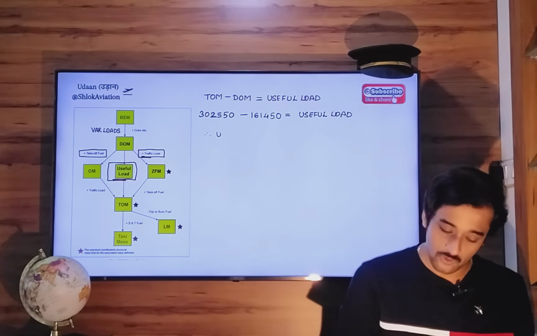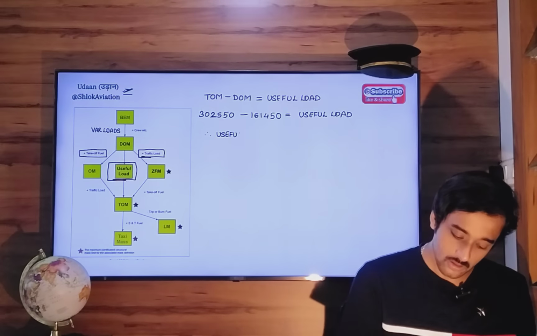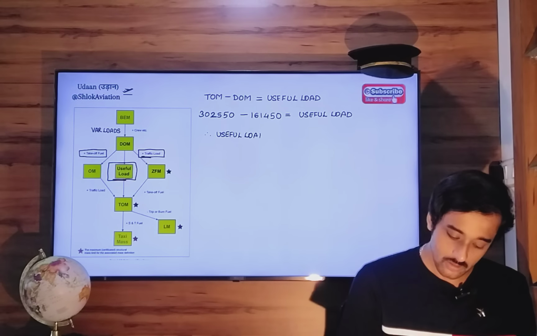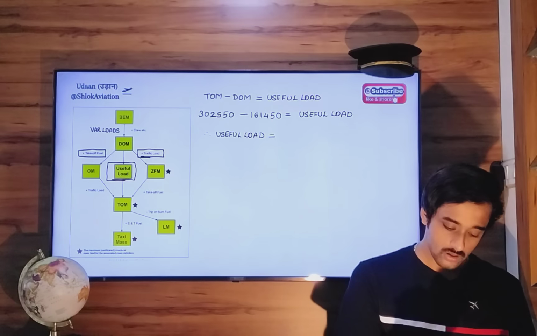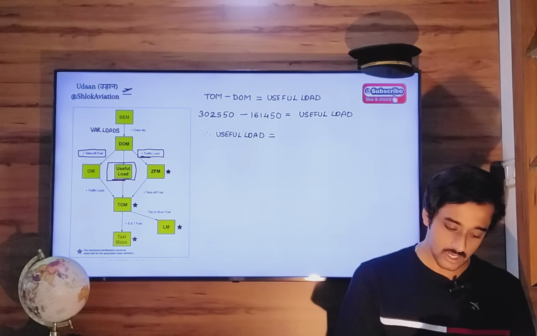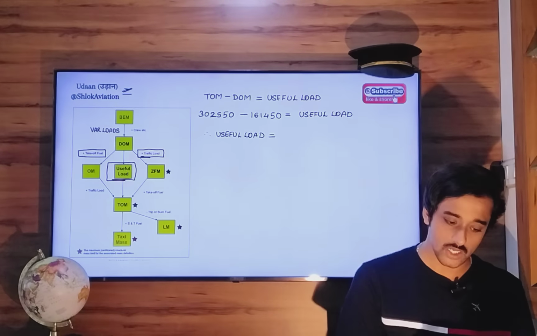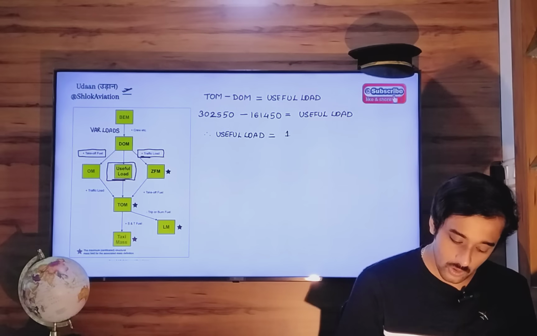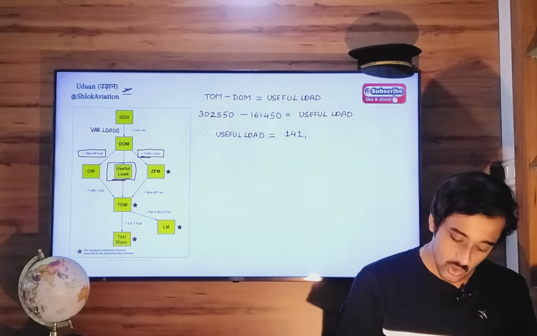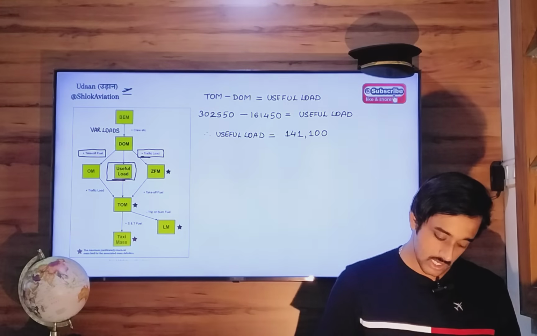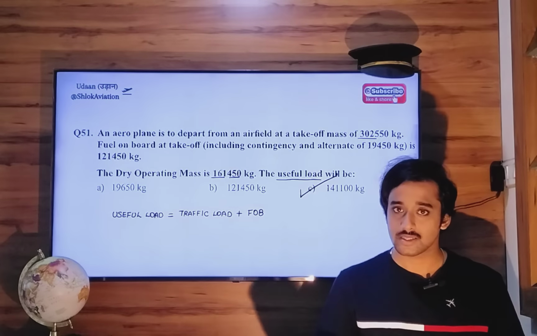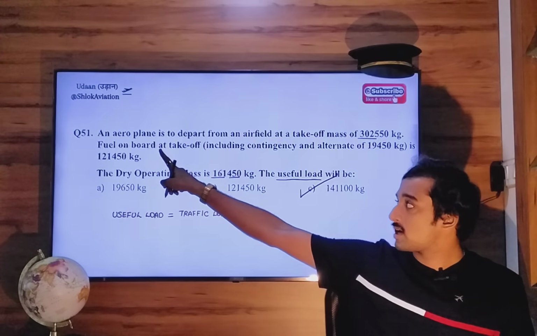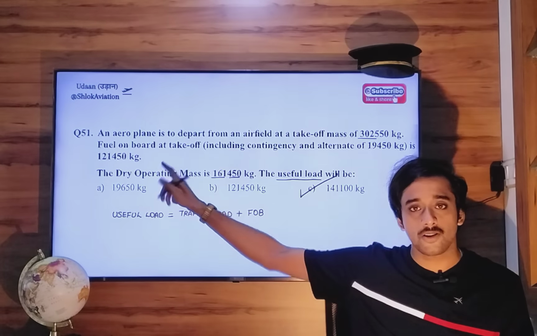Therefore, useful load will be equal to 302,550 minus 161,450. That is equal to 141,100. Okay? So 141,100, option Charlie. Simple. Now here the information of fuel on board or takeoff fuel is irrelevant.